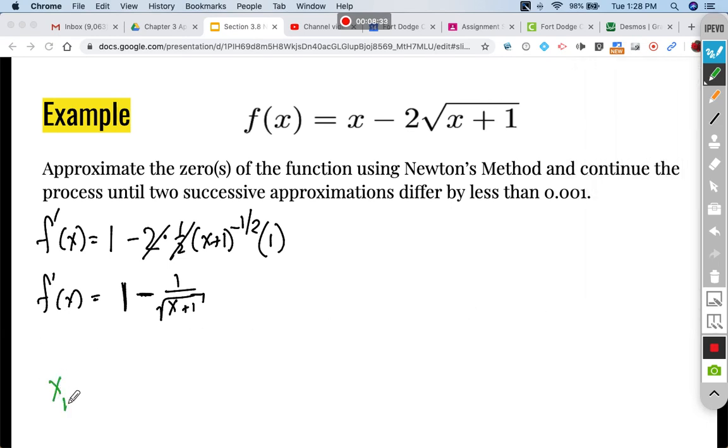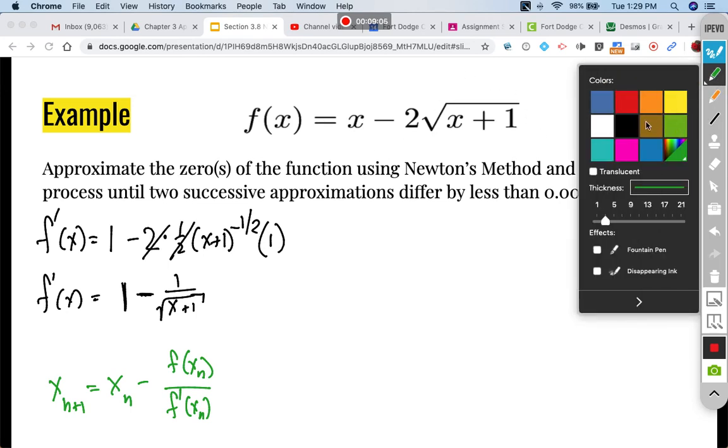My next guess is going to be my last guess minus the function at my last guess divided by the derivative at my last guess. So this is what I'm going to have to do, and let's try to narrow this down a little bit.